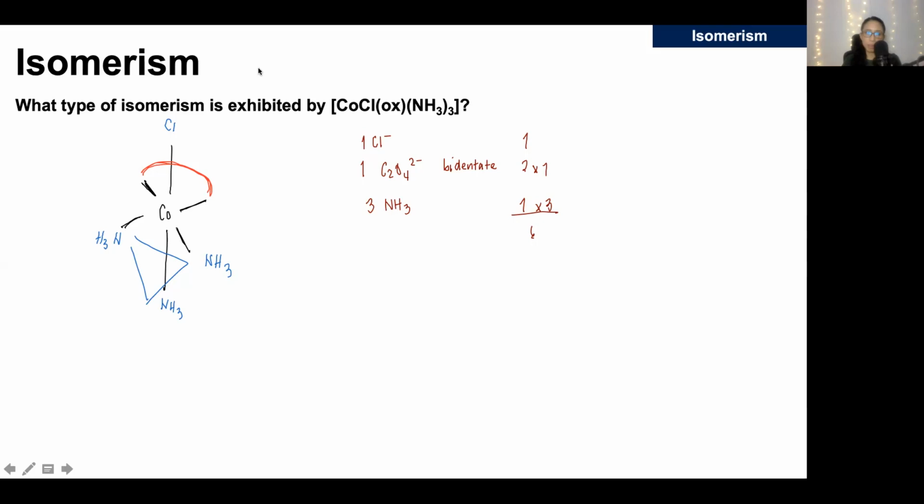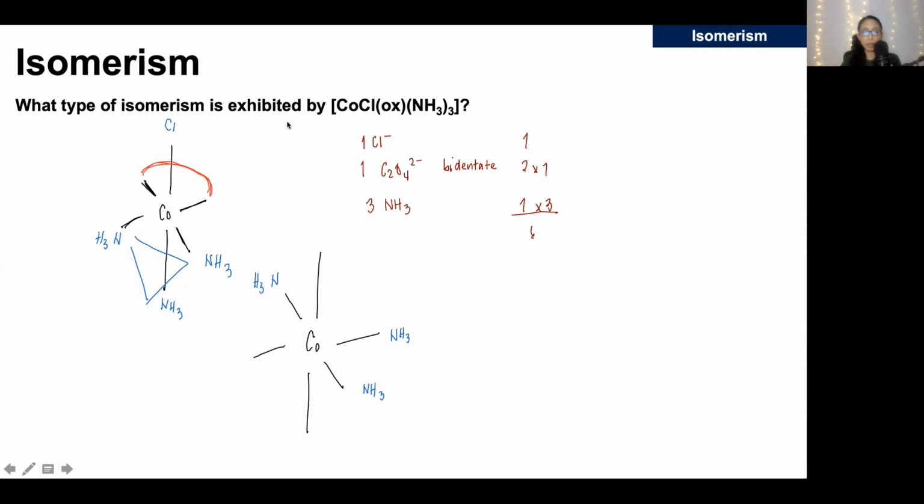So that means we can draw a MER isomer for this complex. So how will the MER isomer look like? Again, these are the equatorial positions and the axial. That means the 3 ammonia ligands must be in equatorial positions.